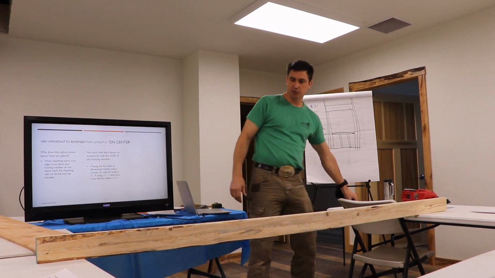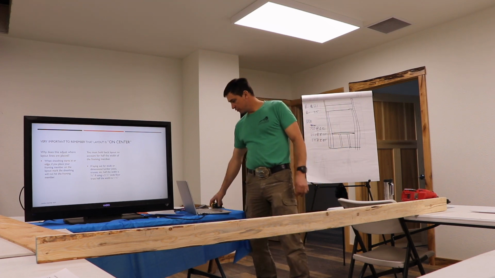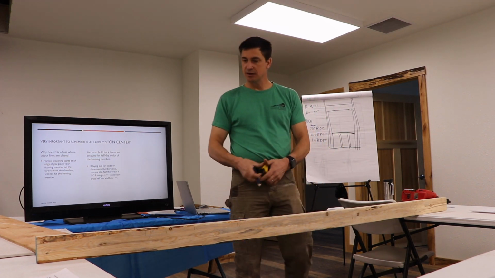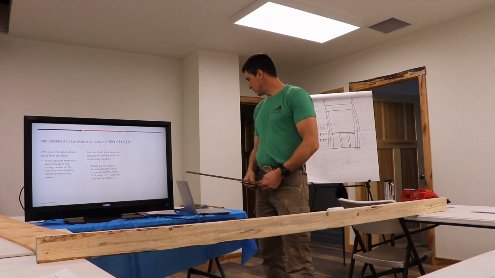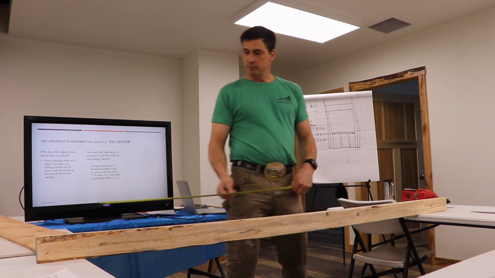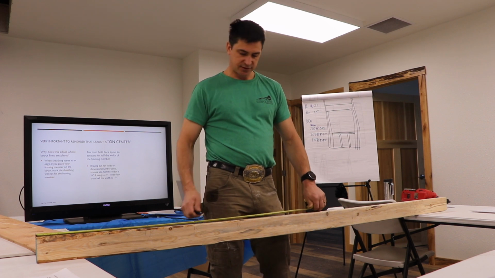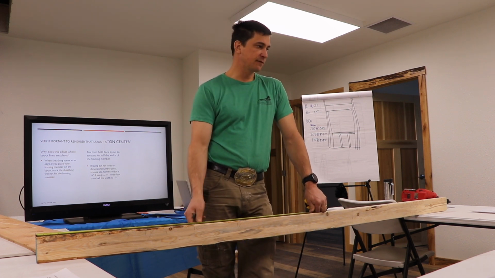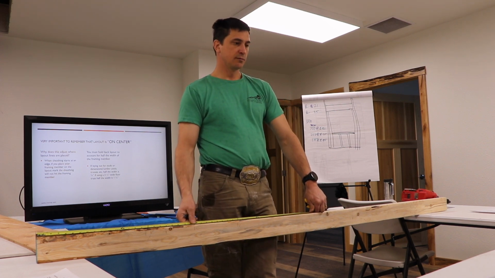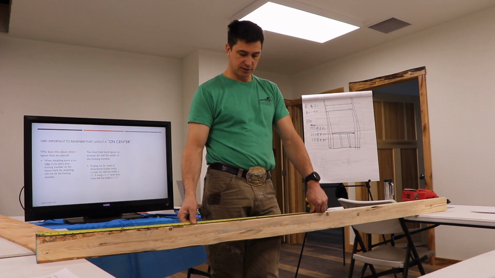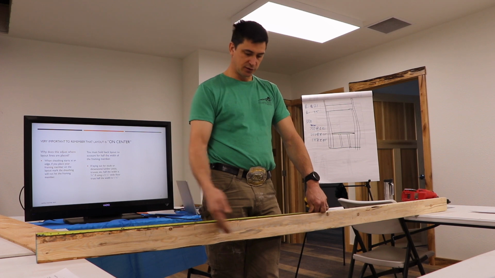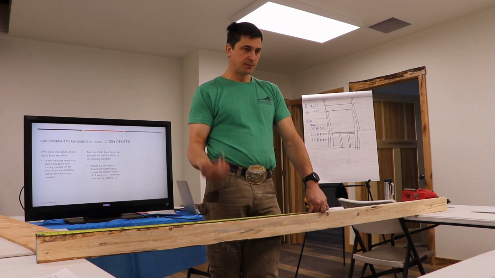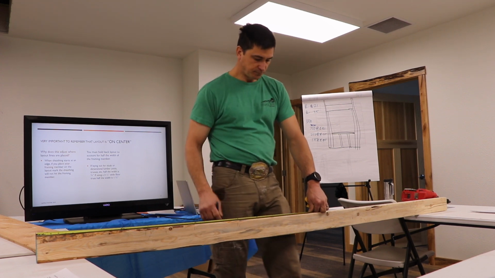Typically when I'm laying out a wall, I will look at my plan, and some plans will give you a dimension from the outside of the building to the center of the window. Others will give you a dimension to the edge of the window. Either way works.